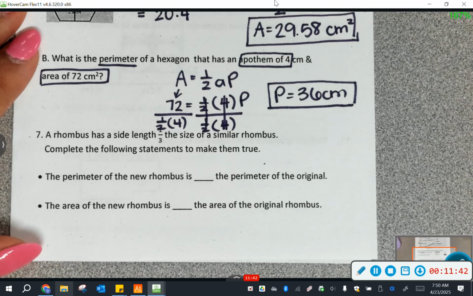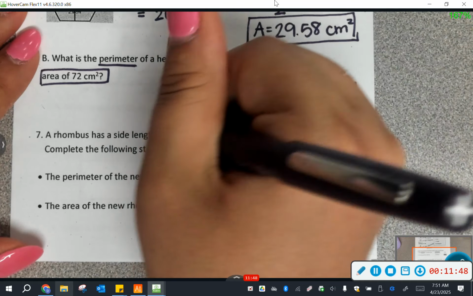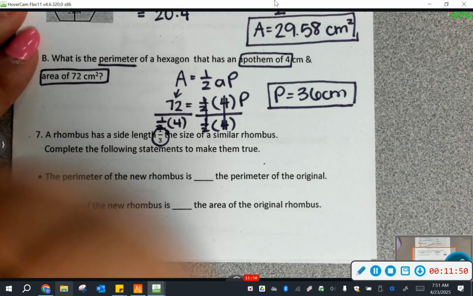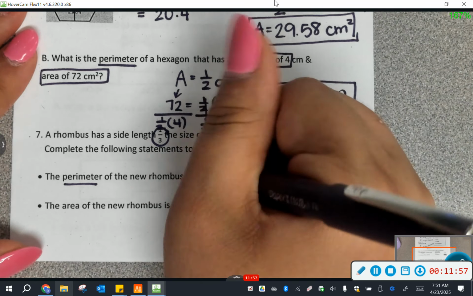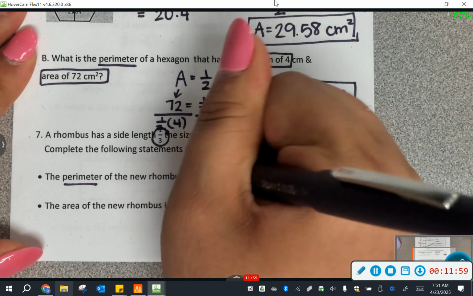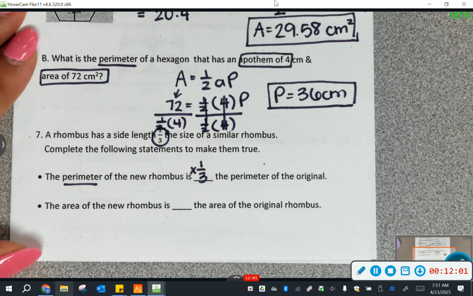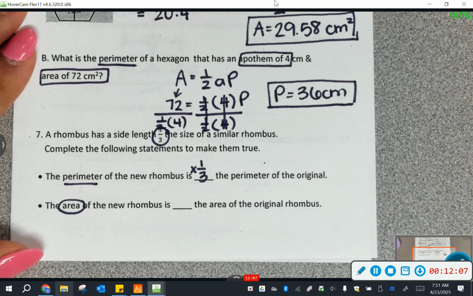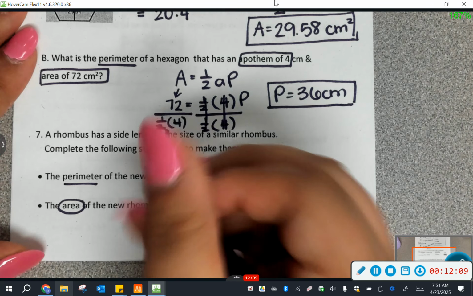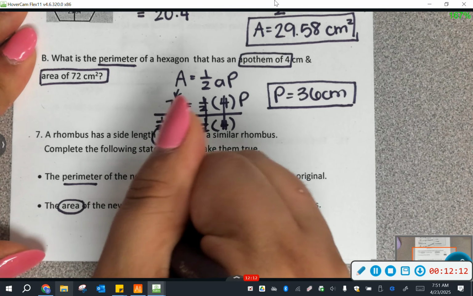This is what we did yesterday. A rhombus has a side length 1/3 the size of a similar rhombus. What's going to happen to the perimeter of the new rhombus? It's going to be times 1/3. What's going to happen to the area? It's going to be multiplied by 1/3 squared.